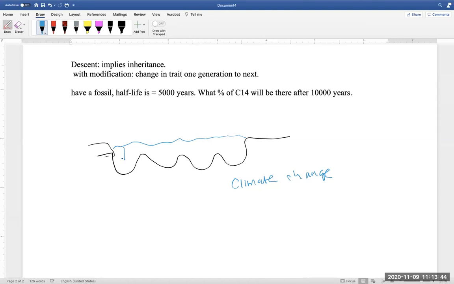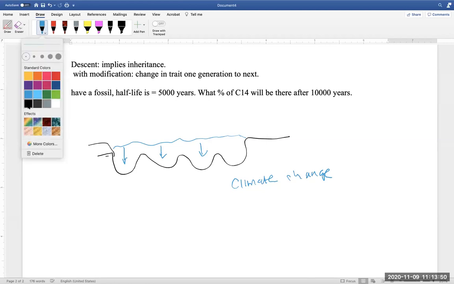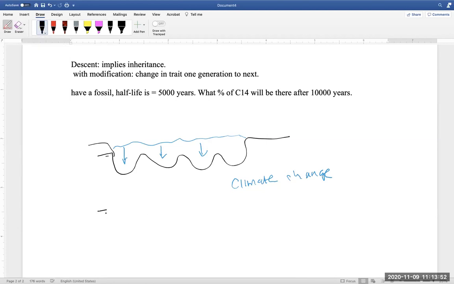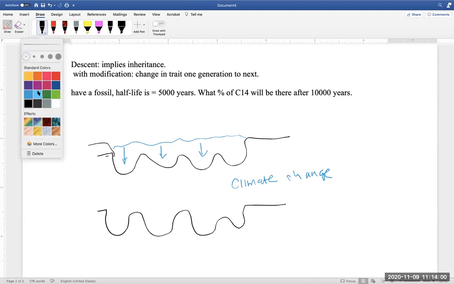And this water went down. Let me redraw this. Since the water went down, now we have these different pools. So we have these different pools here.